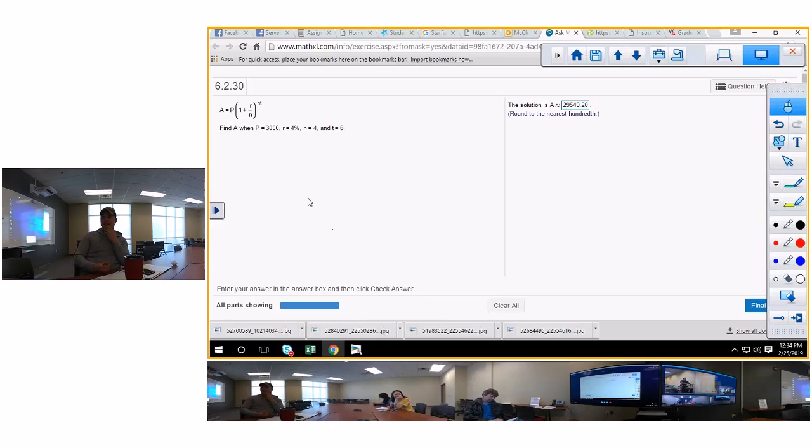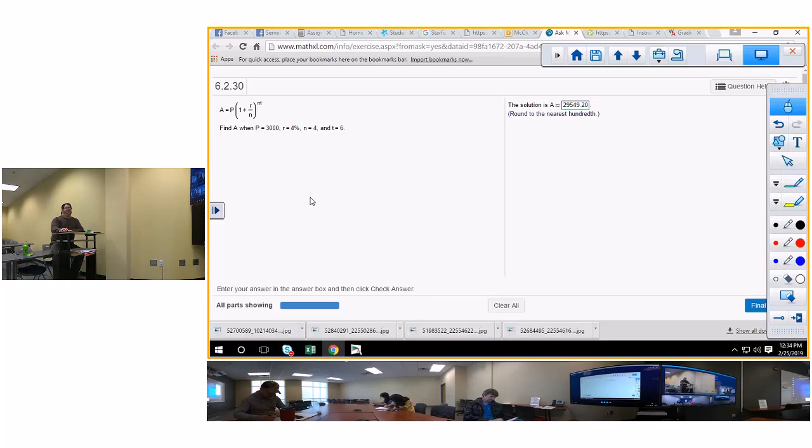All right, A is equal to P times 1 plus R over N raised to the NT power. Now this one's not only a good test question, this is a good question for you to keep in your brain housing group, because all your savings accounts, IRAs, CDs, and mutual funds are based off a derivation of this formula.